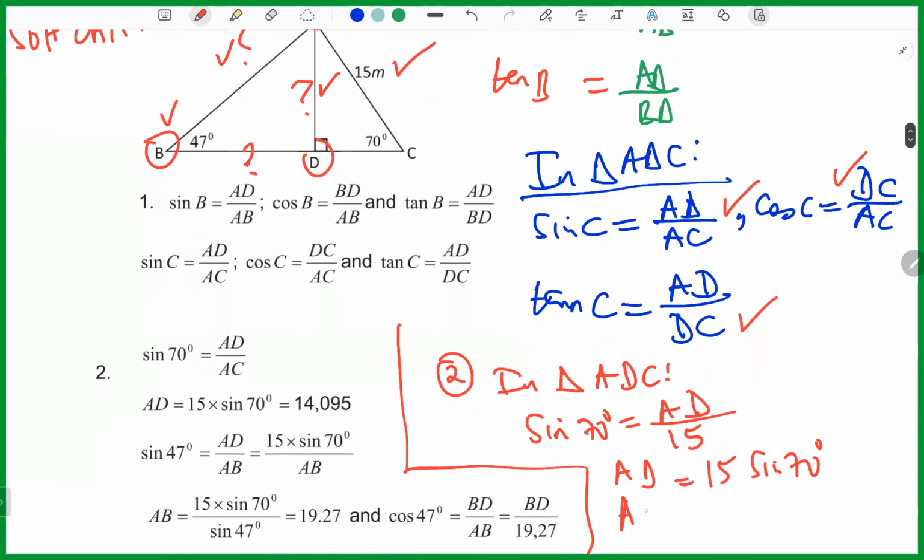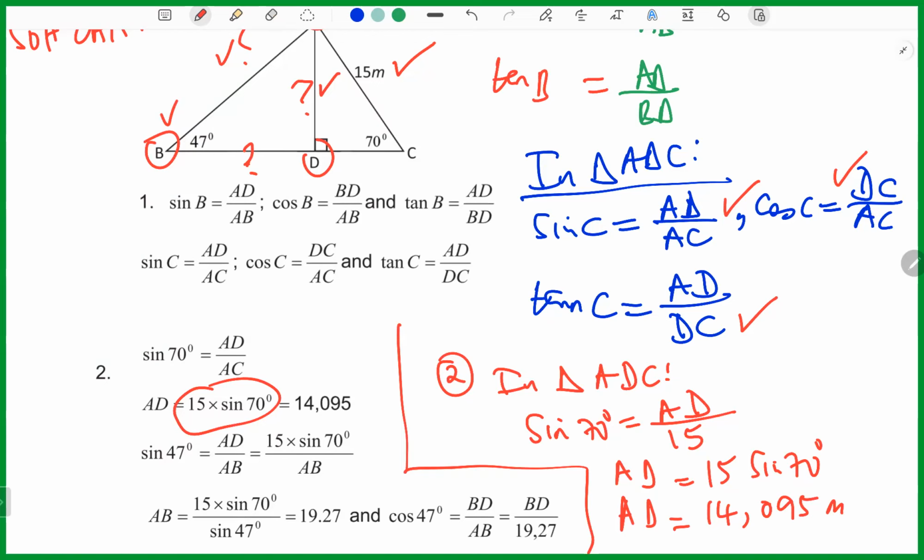We're going to use the calculator to do this one, but it has already been done for us. So 15 times the sine of 70 is 14.95. This is what we're getting. It doesn't really matter what the units are, but in this case it is in meters, so we simply write down the meters.